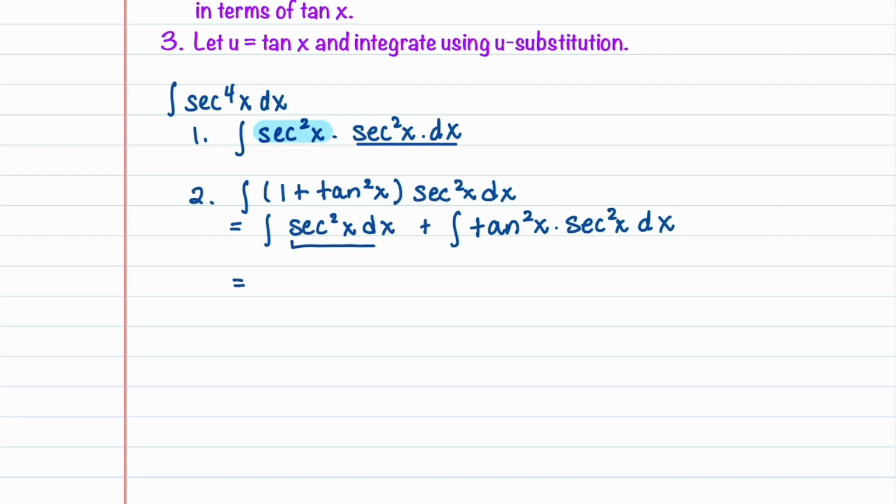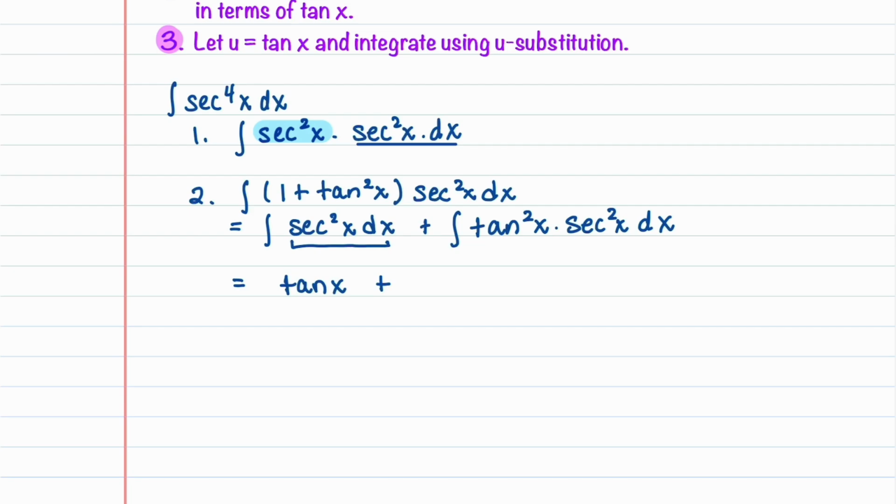This first integral we can go ahead and just write down because that's a formula that we know. The derivative of tangent is secant², so the integral of secant² is just tangent x. Plus, and then for the second one, we have to go back up here to the top and look at step 3. We are going to let u be equal to tangent x and then use u-substitution.